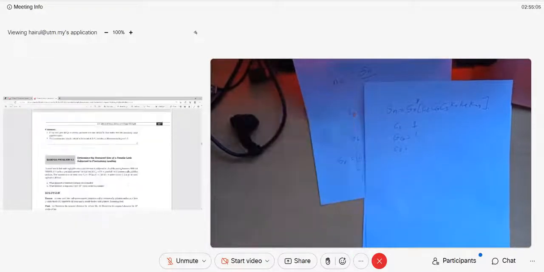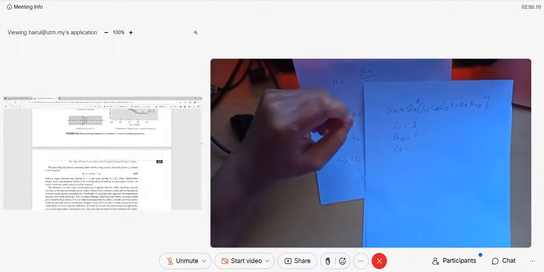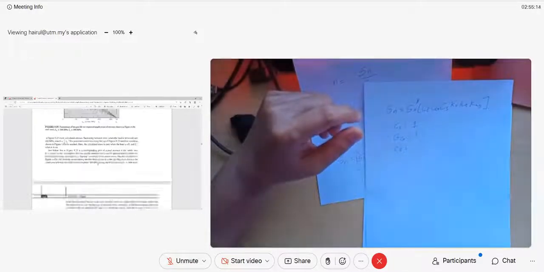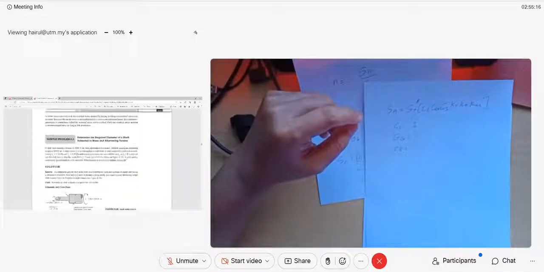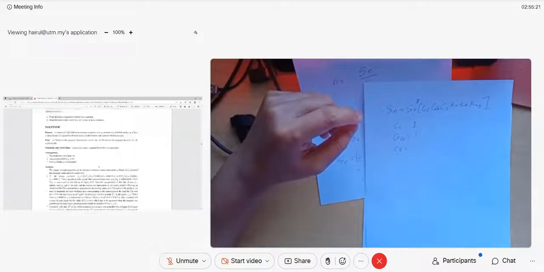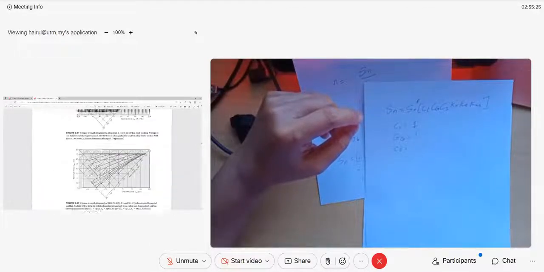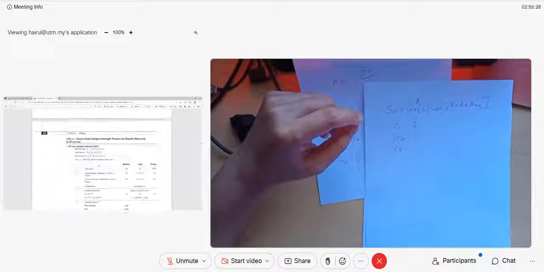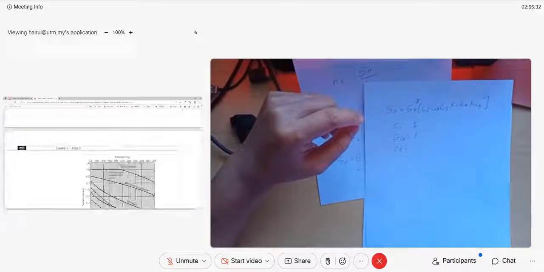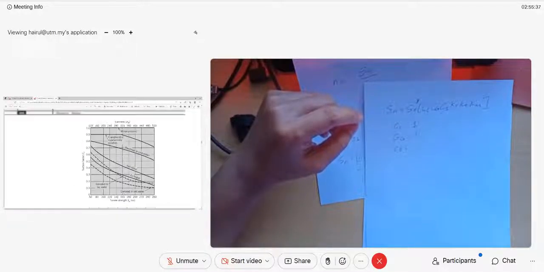The graph for CS, the surface factor, is in Figure 8.13.